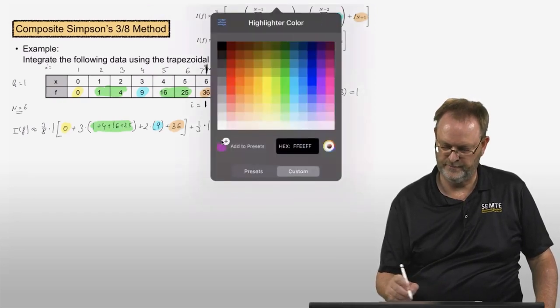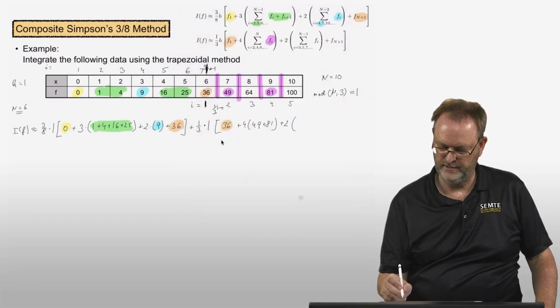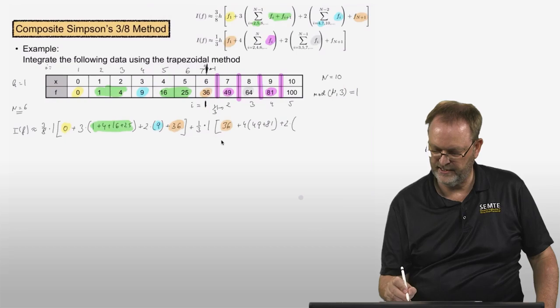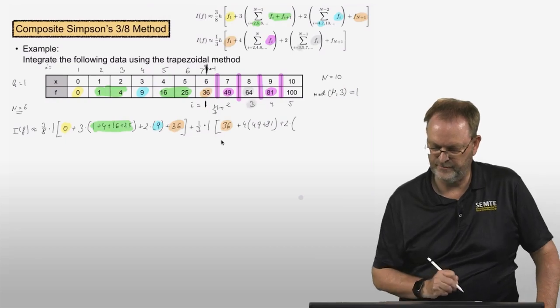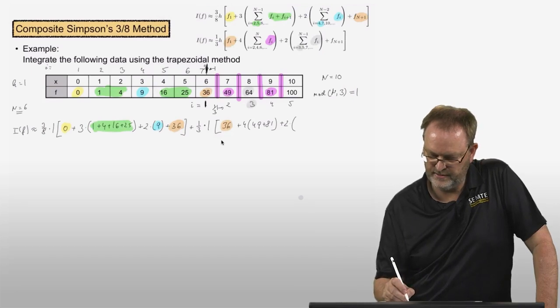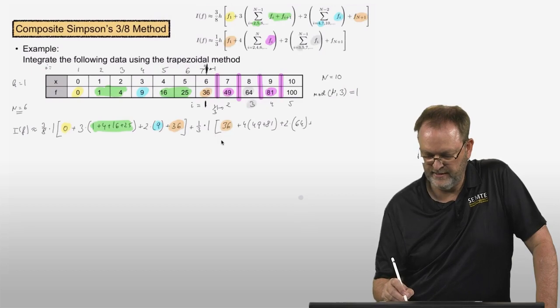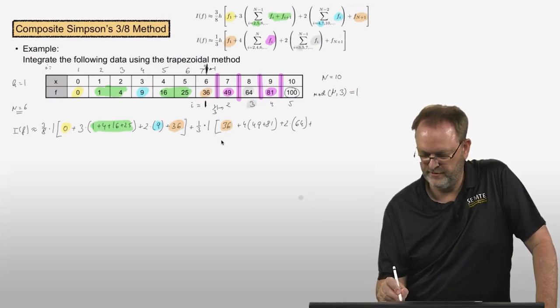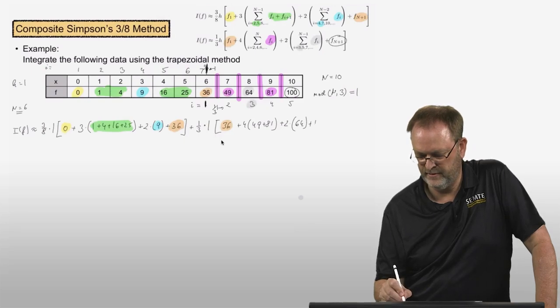Let's grab this here, this f_i. So that would be this one here. I start at 3, right? That's my index 3. So plus 2 times 64. Plus the very last value here, just circle this. So plus 100.